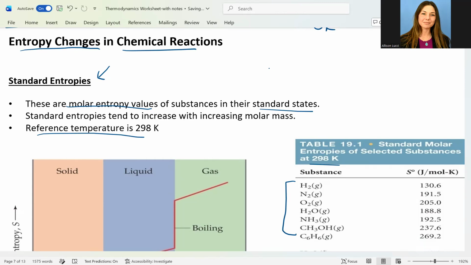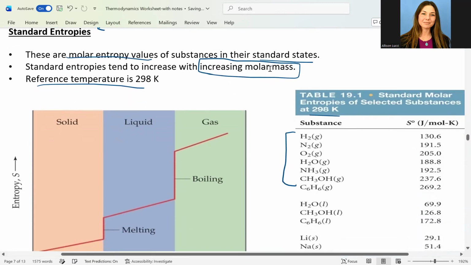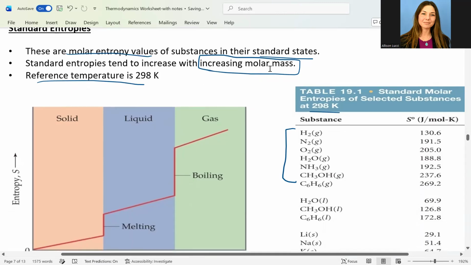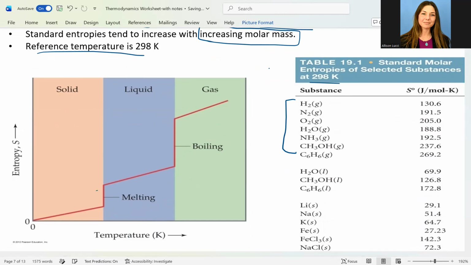But we found that molar entropies tend to increase with molar mass. Let's take a look at this chart, and we can see if this was a single substance at 0 Kelvin, up to whatever this point is, we have a solid.